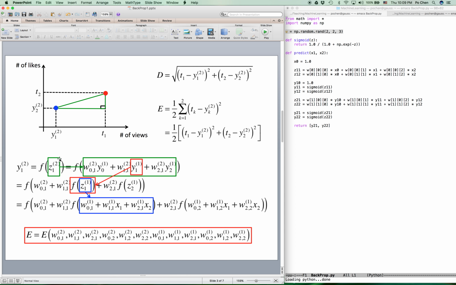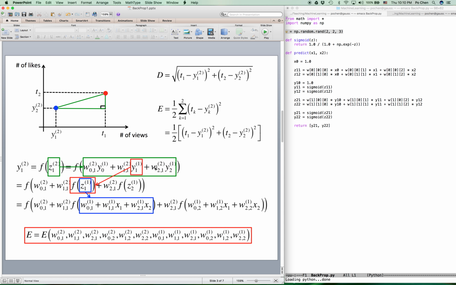So this green box can be expressed by the terms inside this green box, right? Y10 is just a 1, so it's just a 1 multiplying W201. And then W211 multiplies Y11.